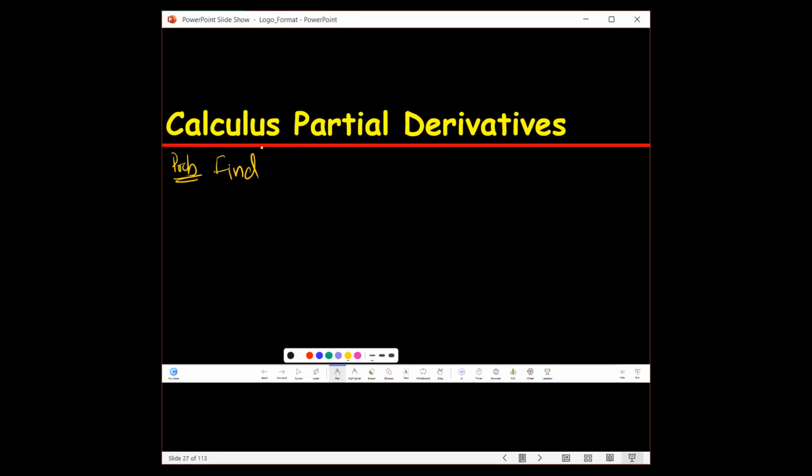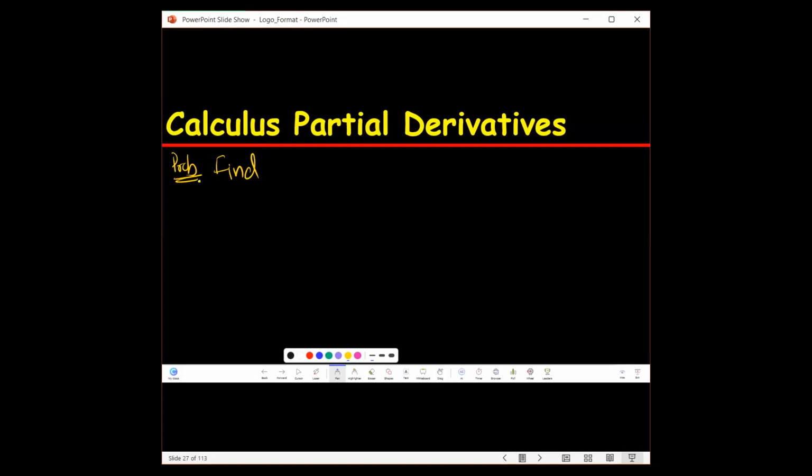Okay, let's go back to this problem. Let's take a look at another problem. There's a problem for partial derivatives of higher order, and we have a bunch of them, right?